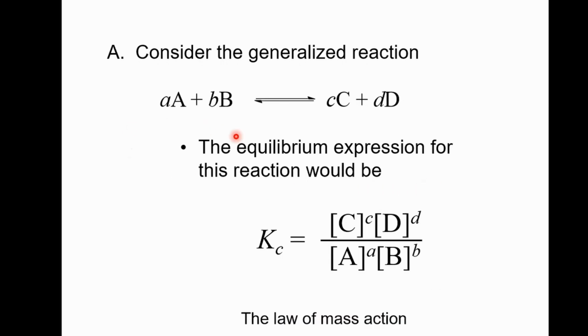So this is the one you want to look at and realize this is the way nature works. So if you have some balanced chemical equation in front of you, you can write the equilibrium constant expression by putting products over reactants raised to the powers of the stoichiometric coefficients you find in front of those species.